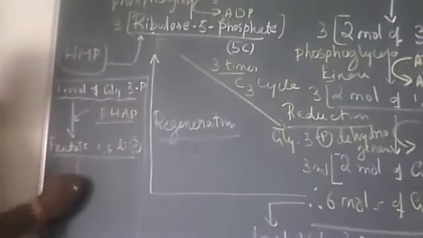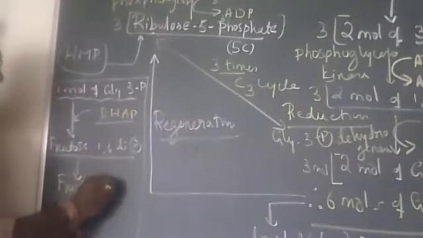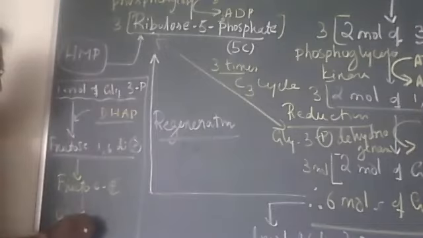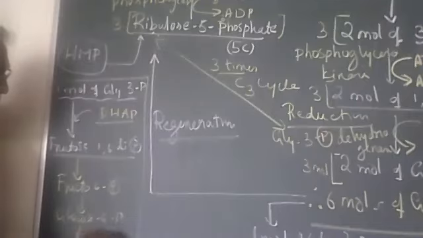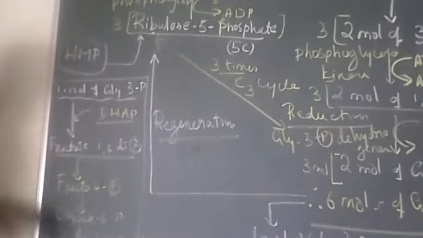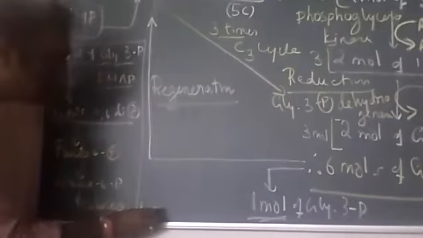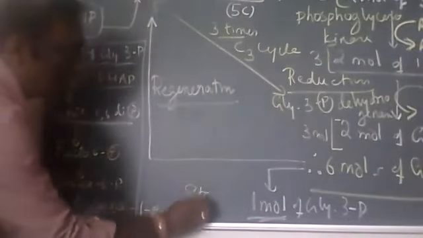Reverse it. Fructose 6-phosphate, glucose 6-phosphate. Then write glucose 1-phosphate, children. Glucose 6-phosphate becomes glucose 1-phosphate. Glucose 1-phosphate will become later on starch or glycogen, whatever.